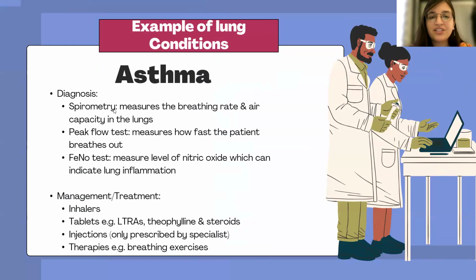Spirometry measures your breathing rate and how much space your lung has for air. In a peak flow test, they measure how fast the patient is breathing out. And the FeNO test measures the level of nitric oxide, one of the gases that can be found in the lungs. Based on that, they see whether the person has asthma or not.